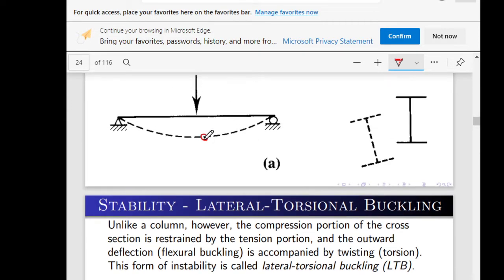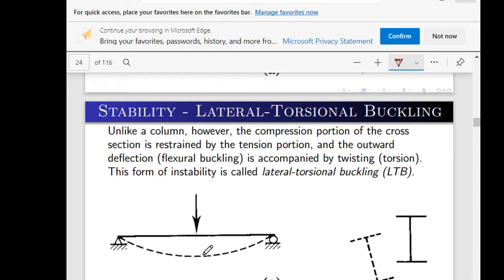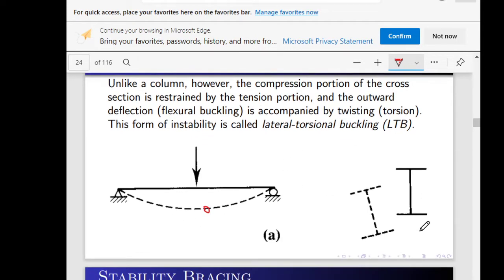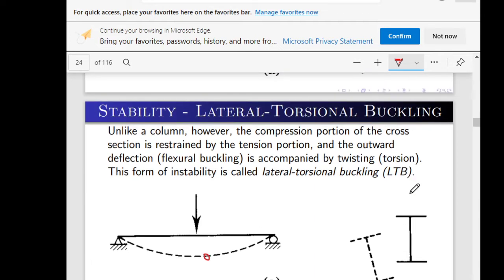So say we select the section of this beam. Actually this beam will experience lateral torsional buckling. It will change in position and will also rotate. This is the rotation.